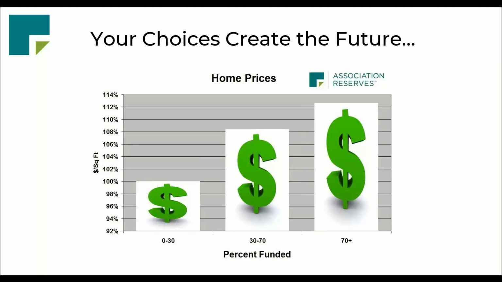And that's because curb appeal and timely maintenance has a very real effect on home values. Associations that have the money to do their reserve projects on time enjoy higher property values. And I'll include a link to that report in our webinar outline.